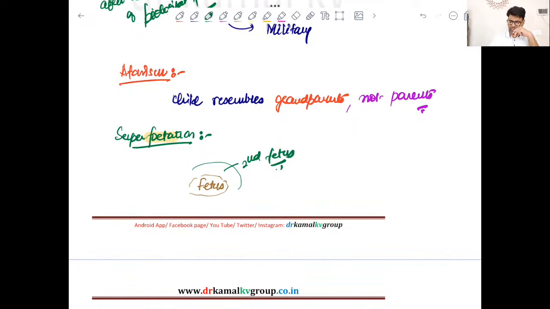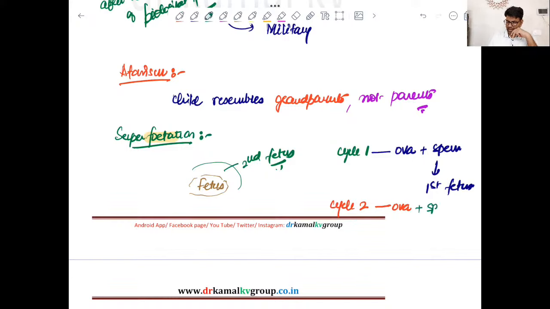Suppose this is cycle 1, and here the ova was released, which was fertilized by sperm, and there is the first fetus. After some time, there is a second cycle, a second ova was released, which was fertilized by another sperm.